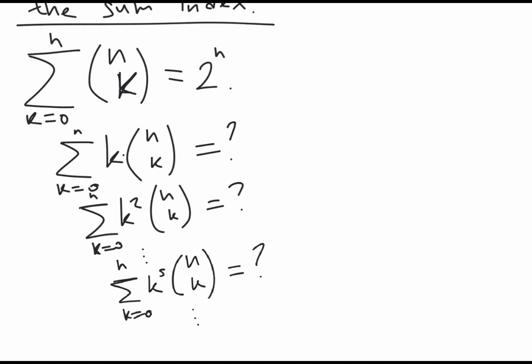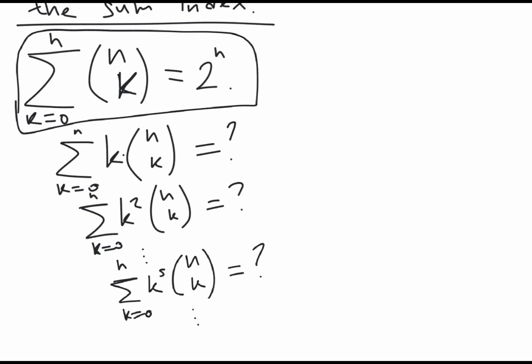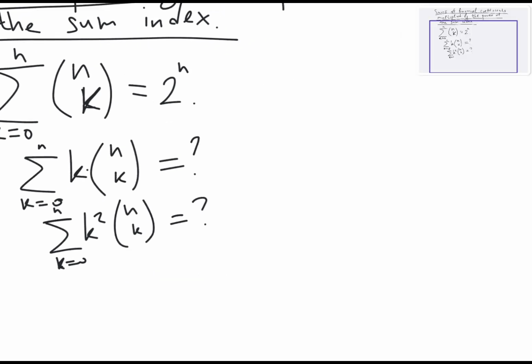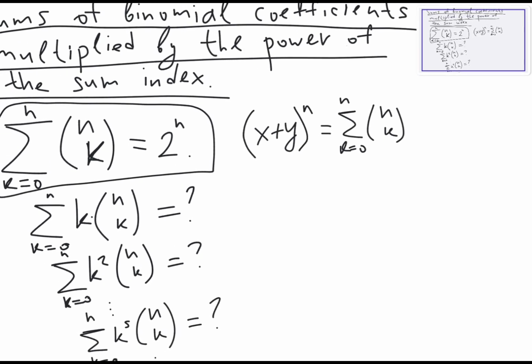Okay, so recall how we calculated this sum. We calculated it using the formula for how to expand (x plus y) to the power n, that it is equal to the sum for k from 0 to n of the binomial coefficient multiplied by x to the power k, y to the power n minus k.